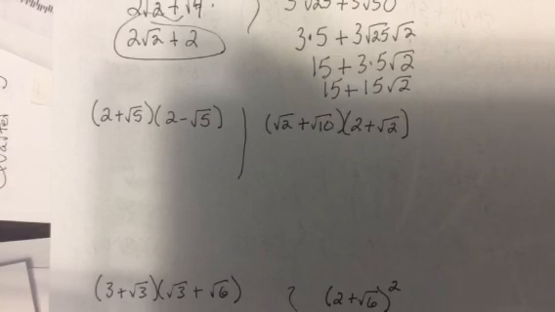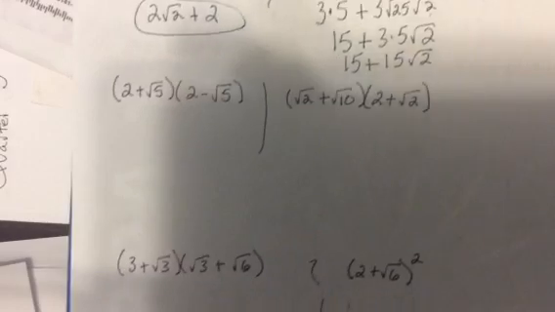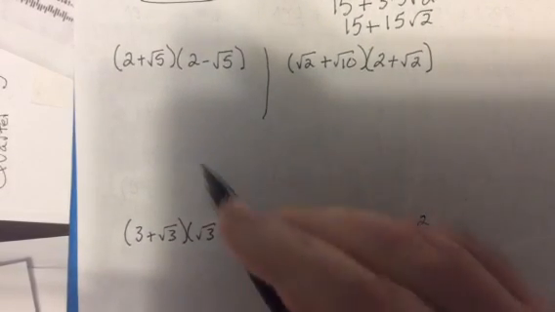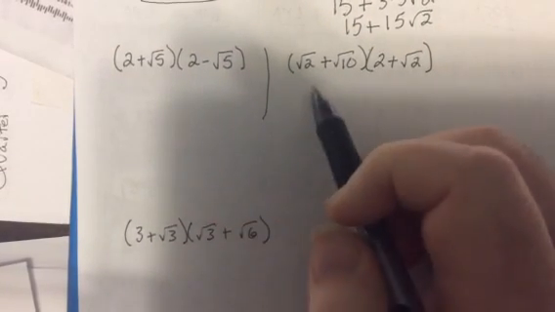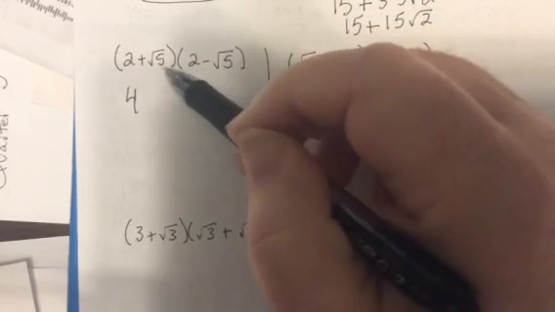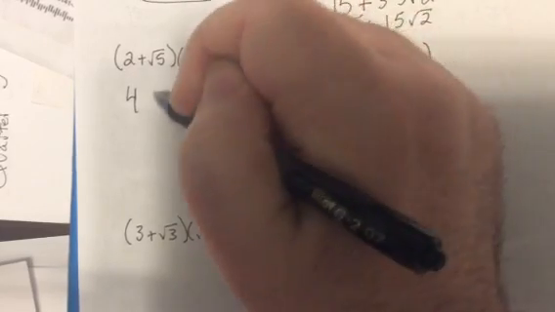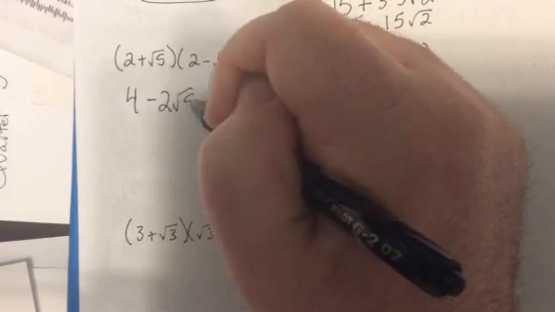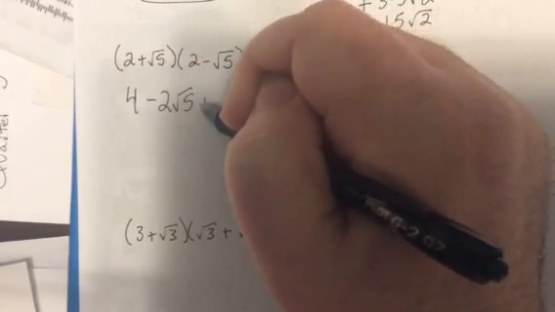And then, well, maybe we should do one more round. Go ahead and just do those two. Okay, so you FOIL. 2 times 2 is 4. 2 times minus square root of 5 is minus 2 square root of 5.